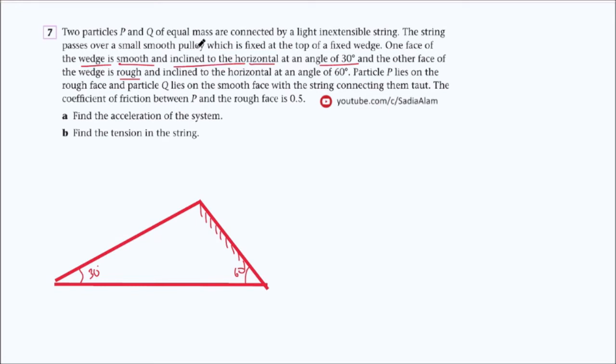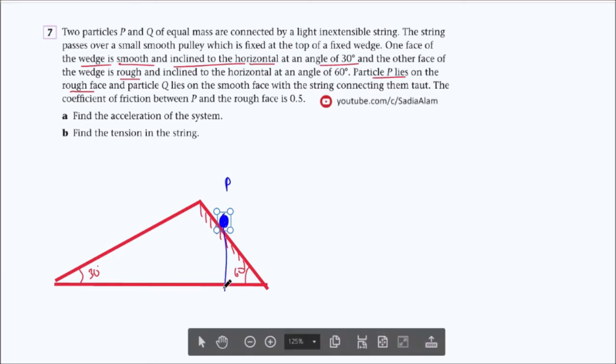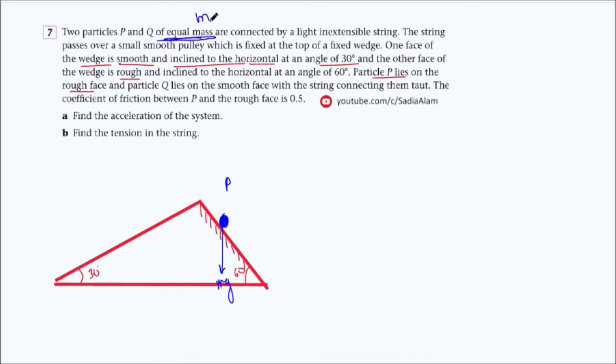Okay, so the particles, particle P lies on the rough surface. Okay, so here we have to include particle P. Suppose this is particle P and mass is M. We are assuming that mass is M, so weight is mg.